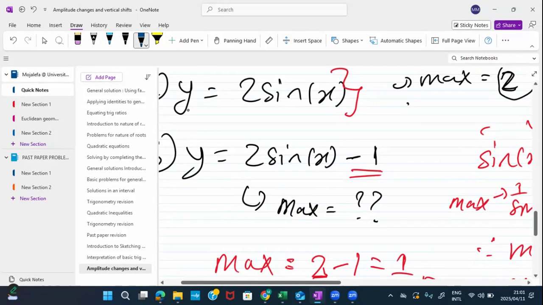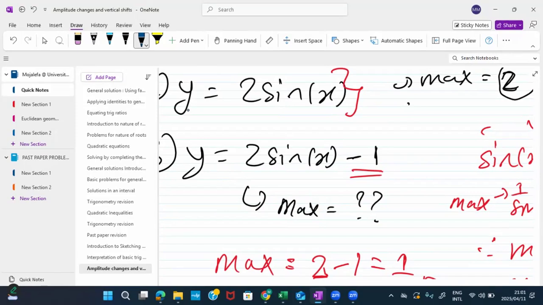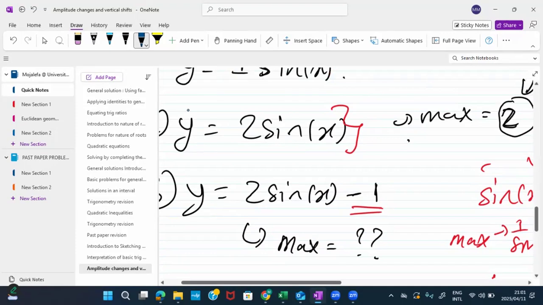Then you type 2 and then press the sine button. You have 2 sine open bracket. Then you want the letter x, so press alpha and then press X there. I think there's an X with the closing brackets button.